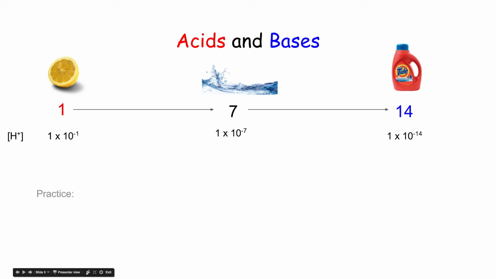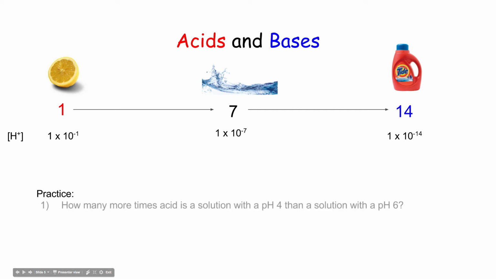Another thing you want to be able to do is compare different solutions. So, for example, if we wanted to figure out how many more times acidic a pH of 4 is than a pH of 6, we would look at our logarithmic scale. Remember, each jump on this number line represents a 10-fold difference in the hydrogen ion concentration. So if we start at a pH of 6 and want to go to a pH of 4, we have to figure out how many jumps that would be.